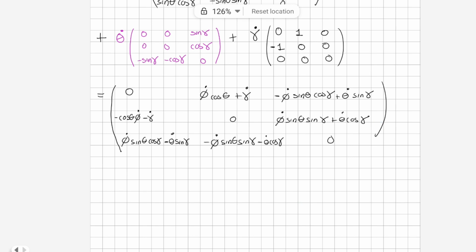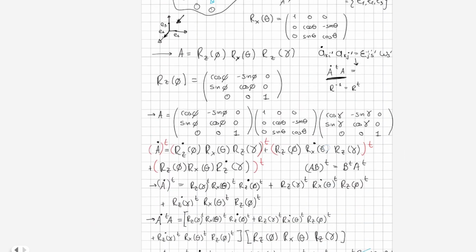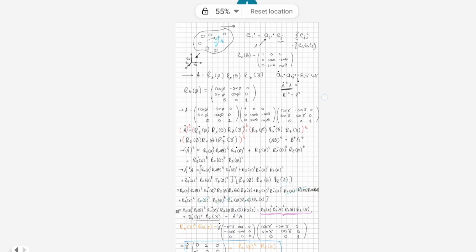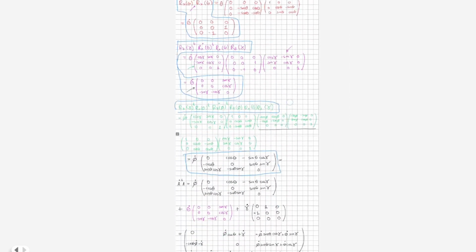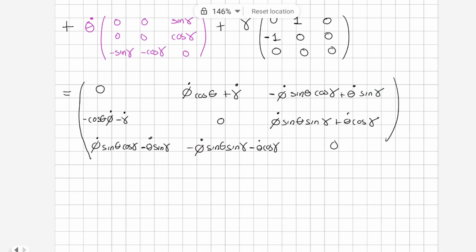Because remember that we established this equation here. So this is telling us that this product of matrices can be seen as another matrix whose entries are the elements of the angular velocity vector. That is what we are going to use in the next lesson. And for now, let's keep this result because we are going to use it later.